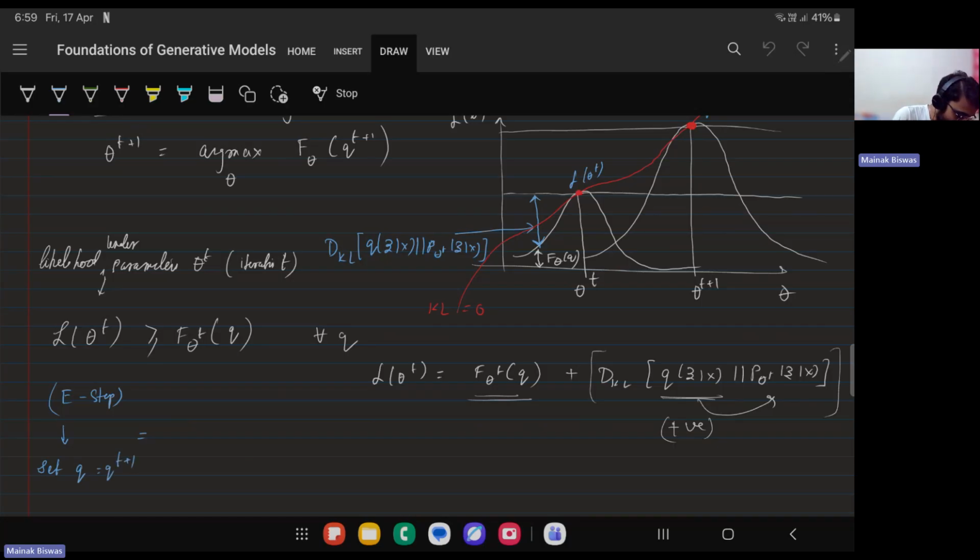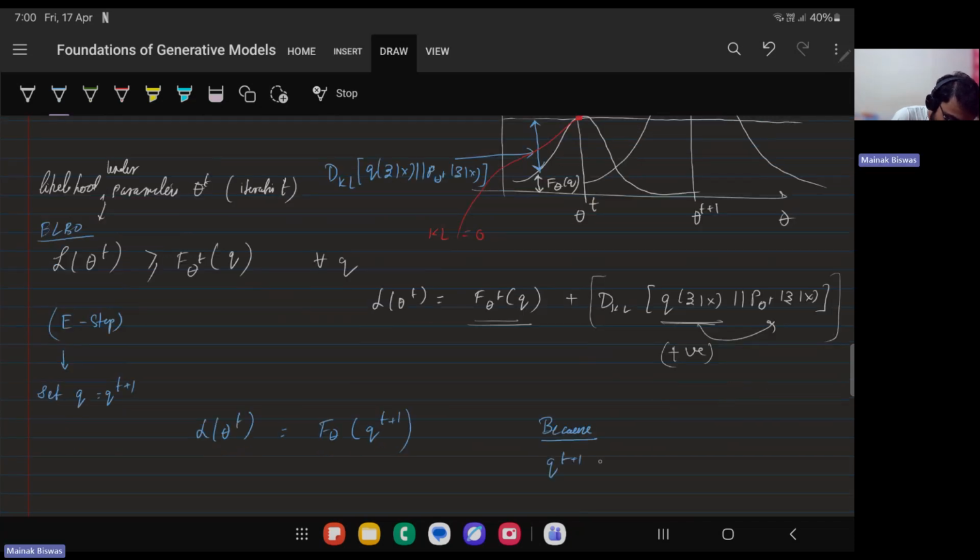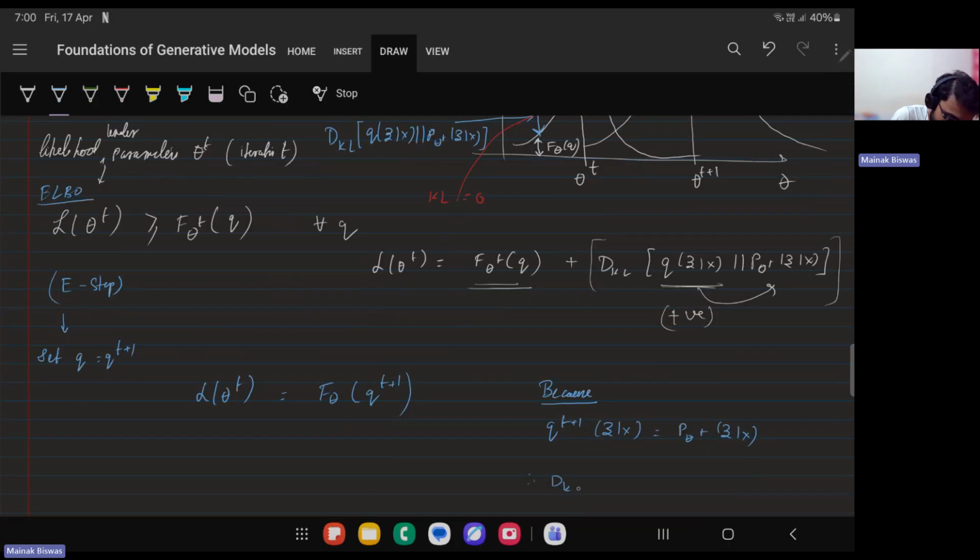If I set it to be Q t plus 1, then from the ELBO I'll be able to say that the likelihood at that is equal to F theta t of Q t plus 1. Because Q t plus 1 of Z given X is equal to P theta t of Z given X. Therefore, DKL is equal to 0.